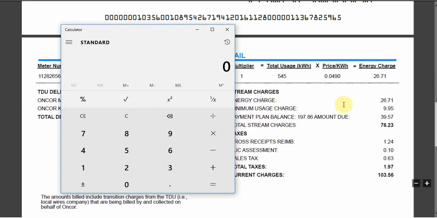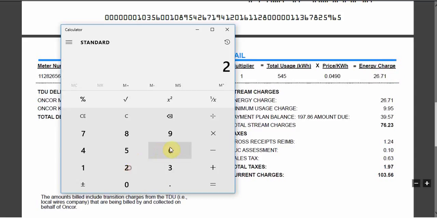So all you want to do is take their current bill. Let's say you don't understand the price per kilowatt hour on their bill. Then all you do is divide. You're going to take that 2671, and you're going to move the decimal point back over to the right 2 times when it shows the energy charge.